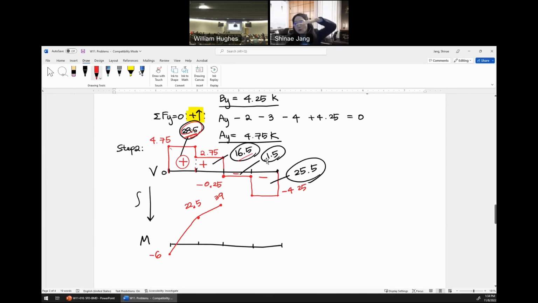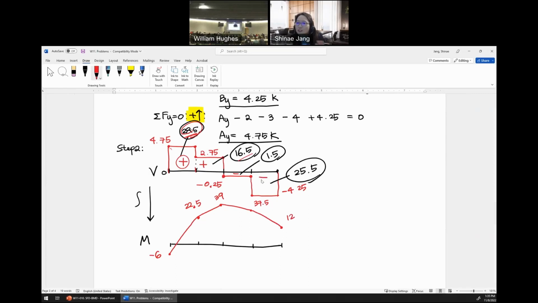So decrease by 1.5 from 39, so that's 37.5, and also linearly decreasing, something like this. And the last portion, change of moment 25.5, and it is decreased, so decreased by 25.5 from 37.5. So that's 12. And constant slope, that means linear, something like this.